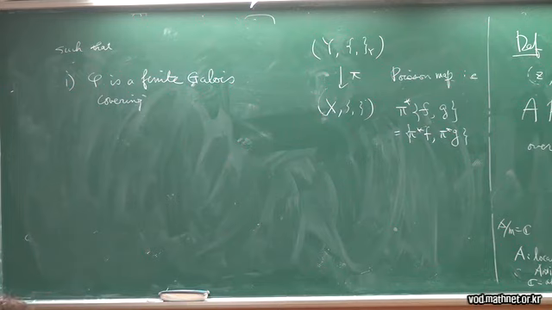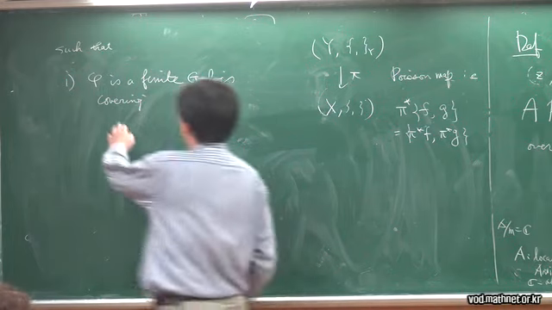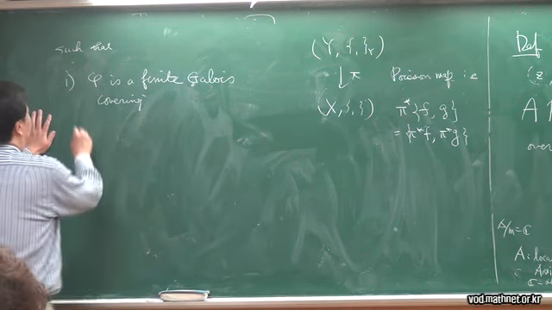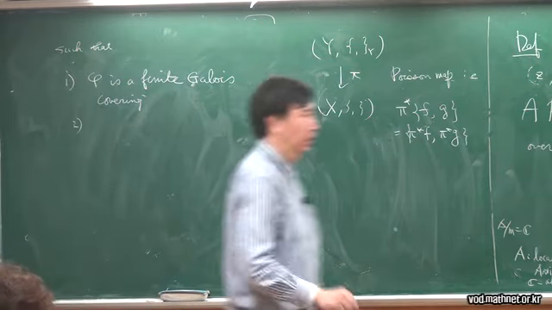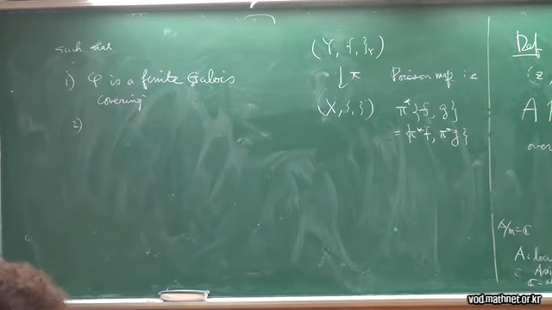This is the meaning of the first property: phi is a finite Galois covering. The second property concerns the fiber.